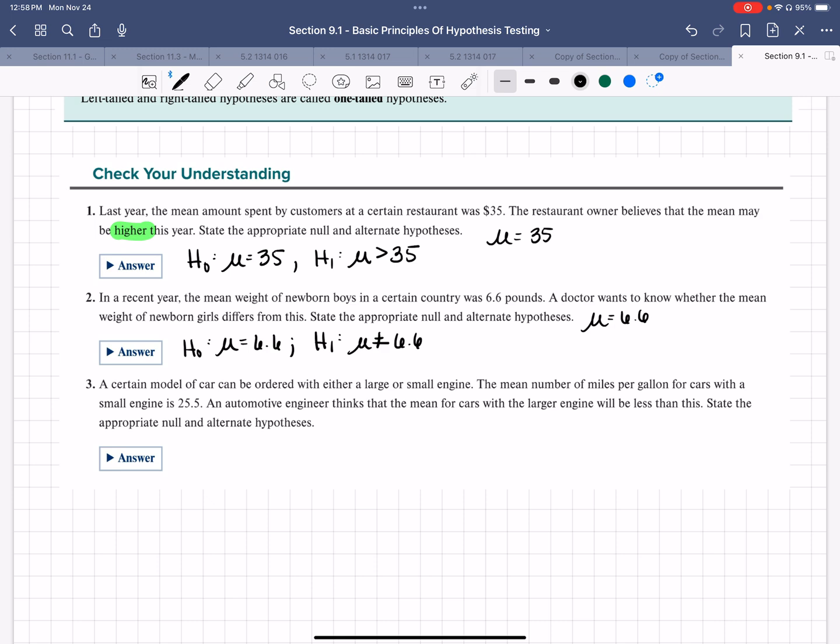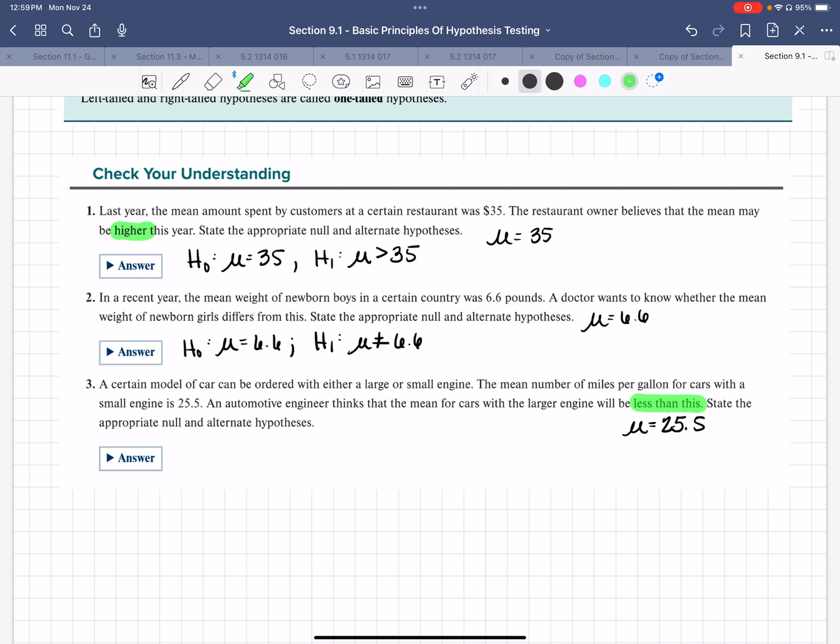Finally, in example 3, we have a certain model of car that can be ordered with either a large or small engine. The mean number of miles per gallon for cars with a small engine is 25.5. So mu equals 25.5. An automotive engineer thinks that the mean for cars with a larger engine will be less than this.